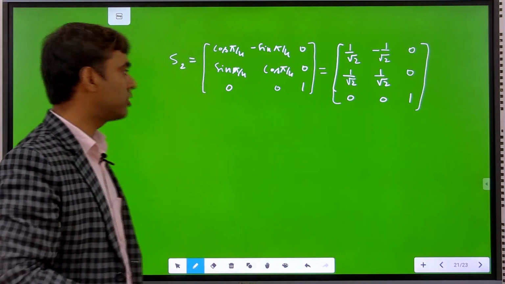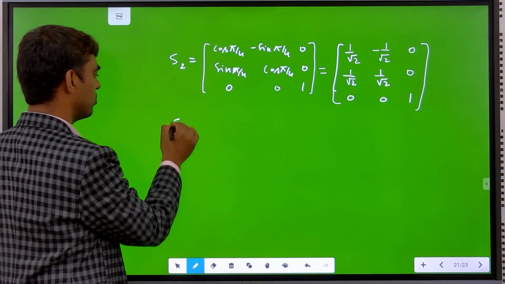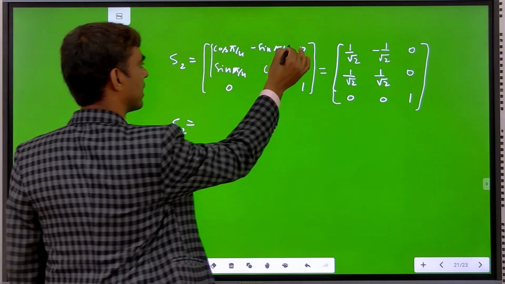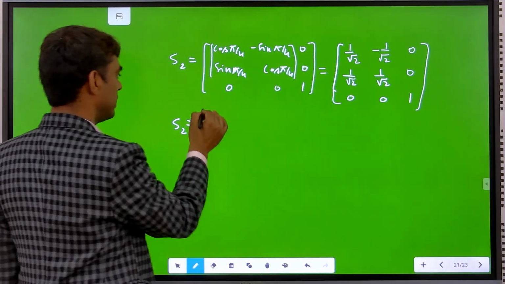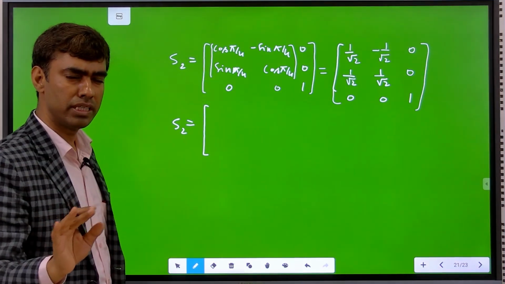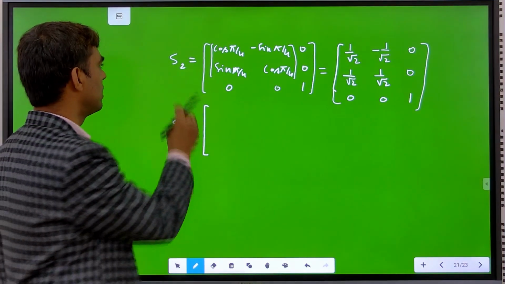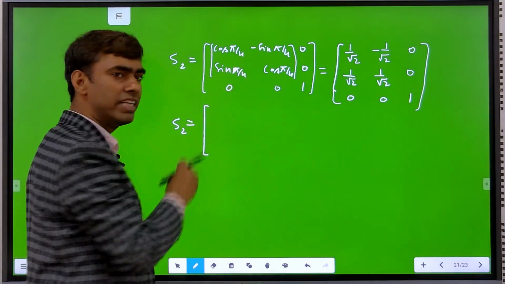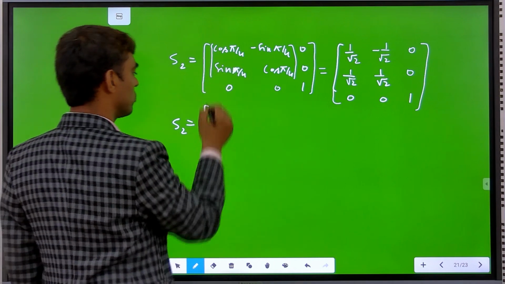Now, how do we find S2 inverse? We write the inverse of this matrix, this submatrix. There is no need to calculate the value of S2 inverse separately. From this matrix itself we are able to write S2 inverse. So what is S2 inverse?